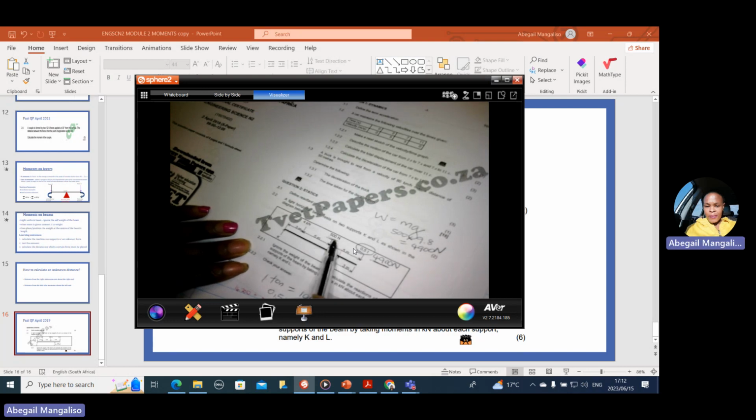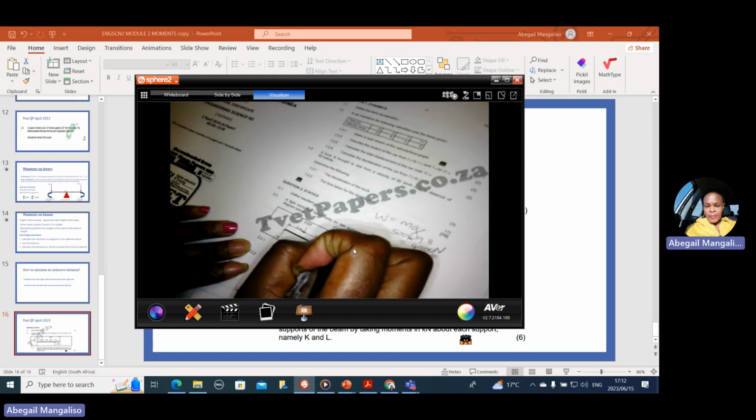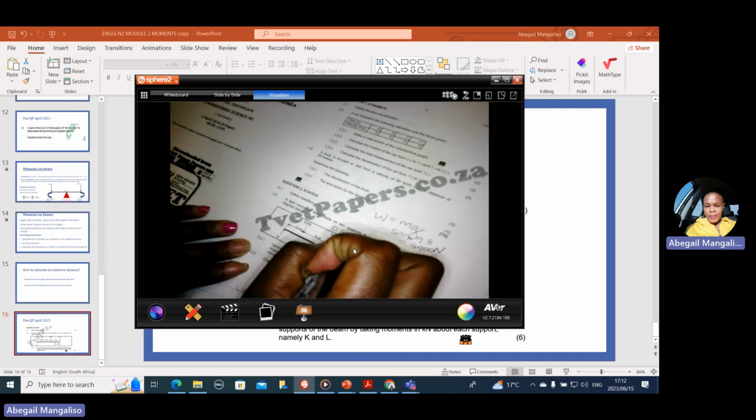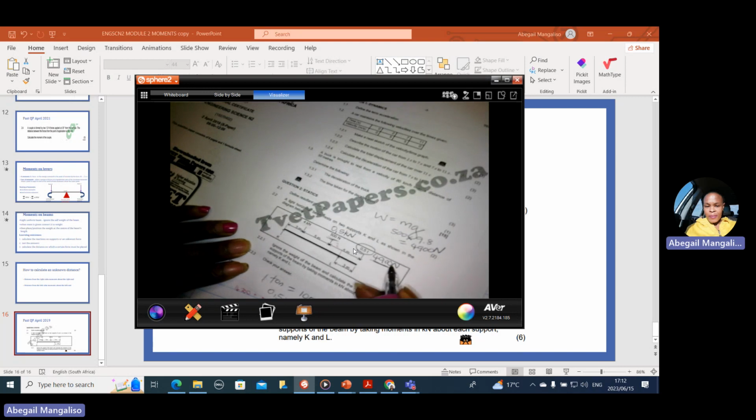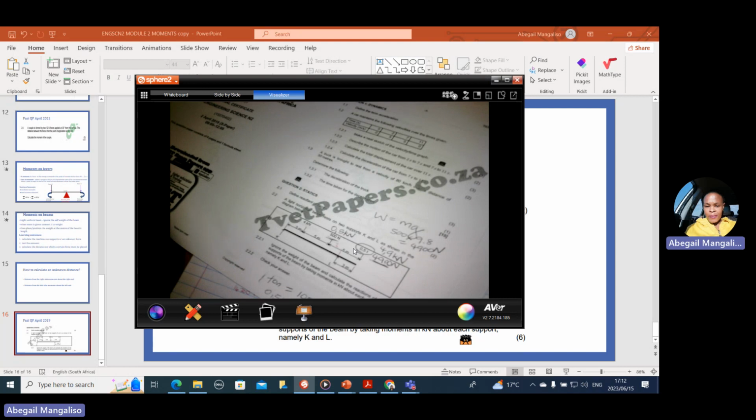So if you want to convert this to kilonewtons, you divide it by 1,000. So this answer will be 0.5 kilonewtons. And this one, you divide it by 1,000, will be 4.9 kilonewtons. So you take moments using the forces that are in kilonewtons.